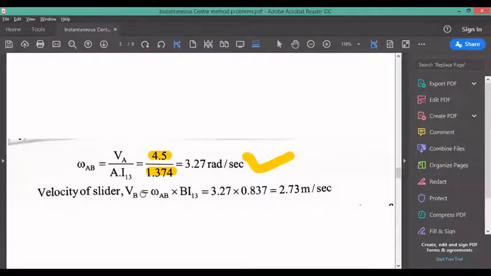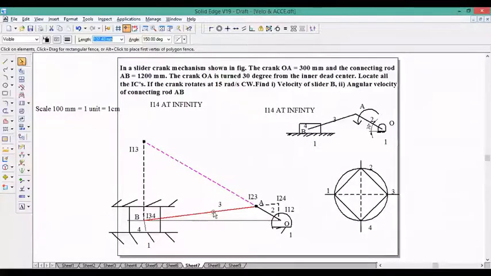Hence the velocity of the slider will be the angular velocity multiplied by the distance B I13, which we need to find. The B I13 distance from the diagram, this vertical line, is 8.37 centimeters.